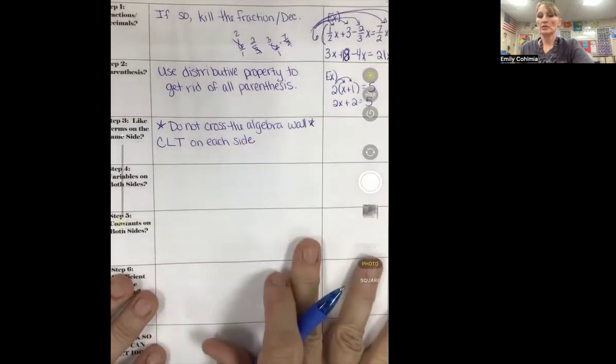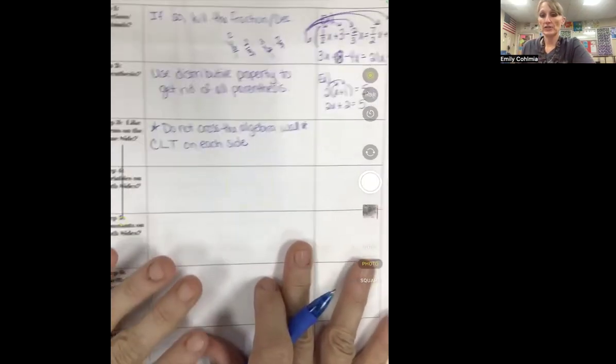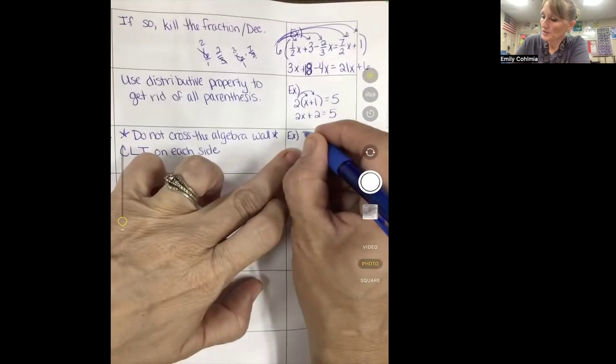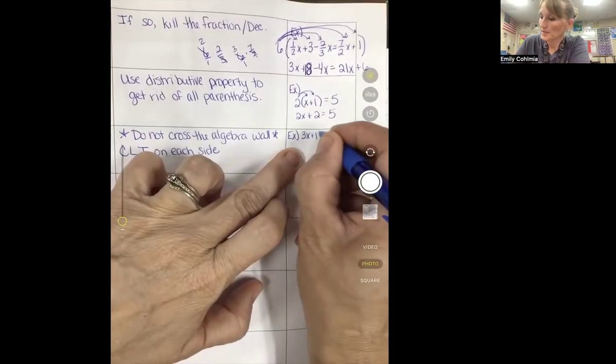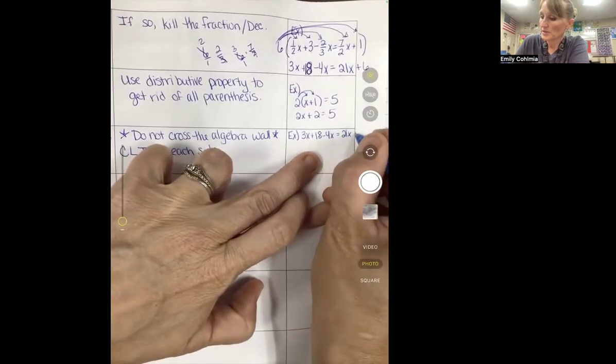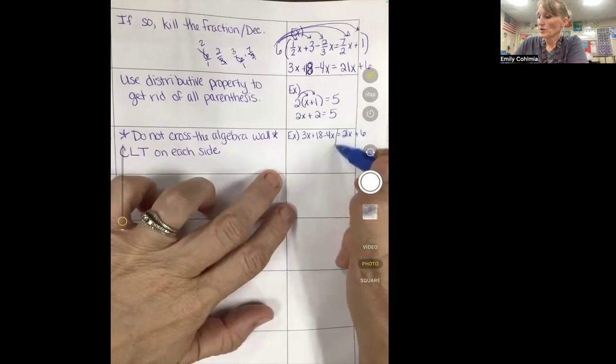Our example over here is 3x plus 18 minus 4x equals 21x plus 6, and we're not going to cross the algebra wall.